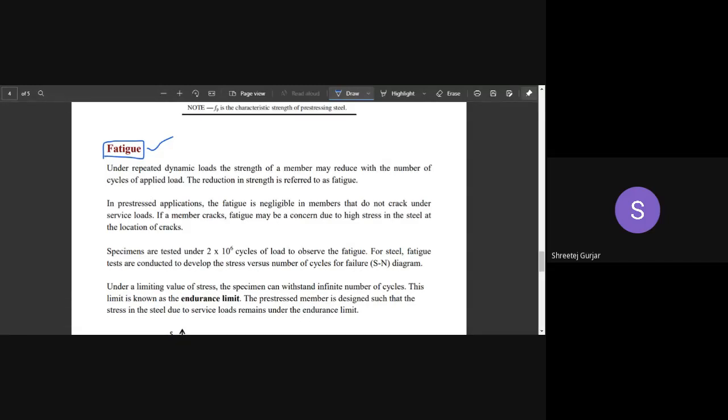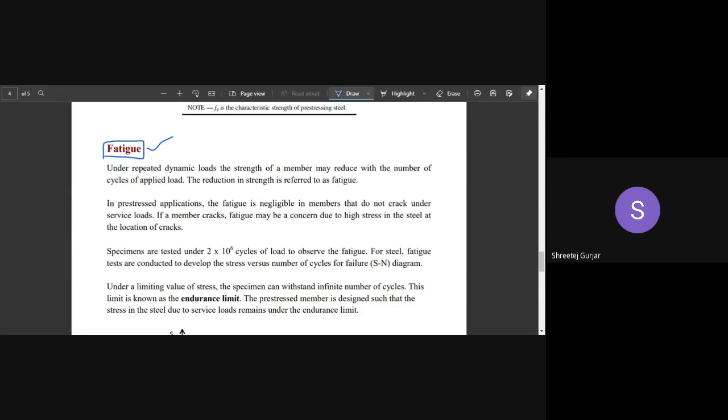Okay, the next point is if a member cracks. Cracks occur only when there are tensile forces or tensile stresses developed in your concrete. So whenever cracking occurs, fatigue may be a concern due to high stress in steel. What happens if a member cracks? Whenever the member cracks, the stress which is in your concrete is transferred to your steel.